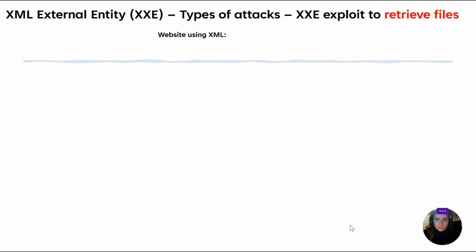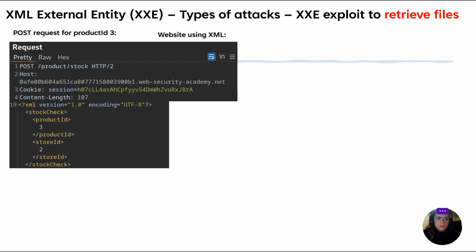Now this was the video on how to exploit XXE in order to retrieve files. So this is a very quick recap. It's a POST request, as we see here. We identified that this is XML, so that's why we're trying to see if it's vulnerable.